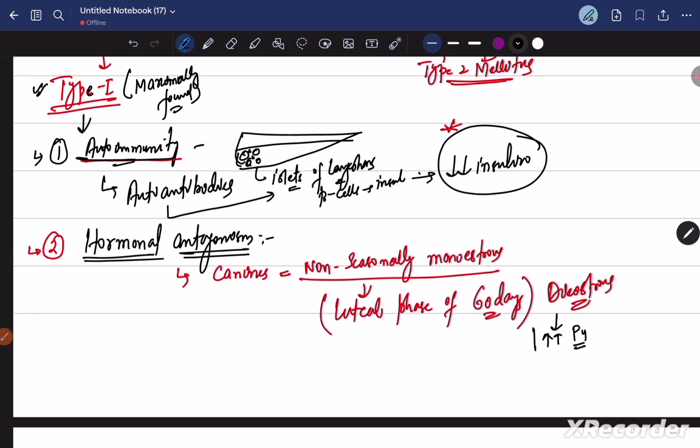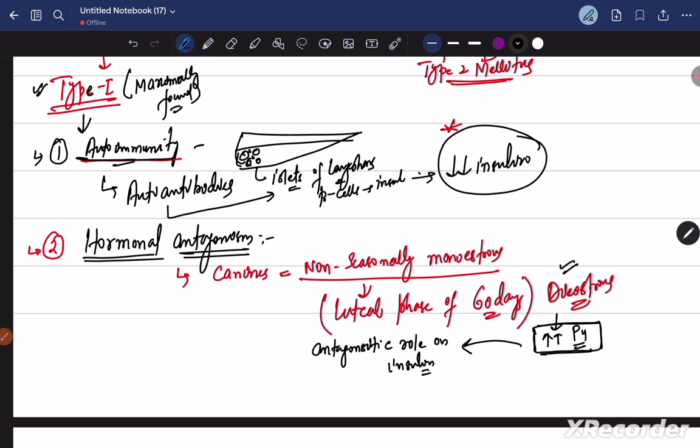Remember, it has been established that this progesterone hormone has an antagonistic role on insulin. Whenever female dogs are in the diestrus phase, they are at increased risk of diabetes mellitus.